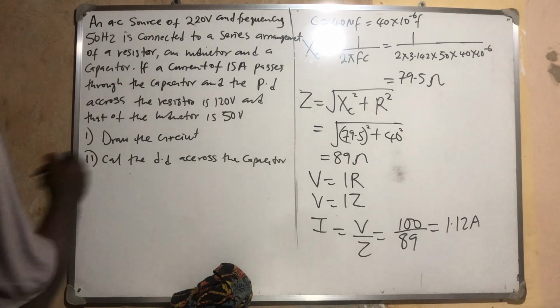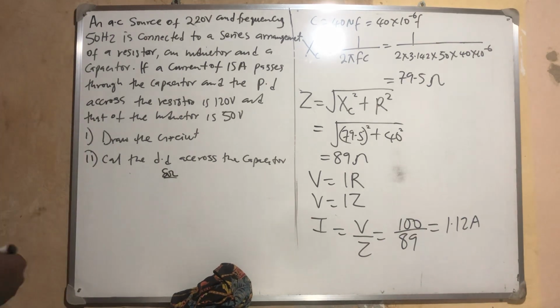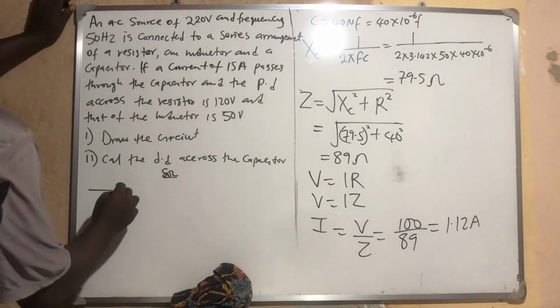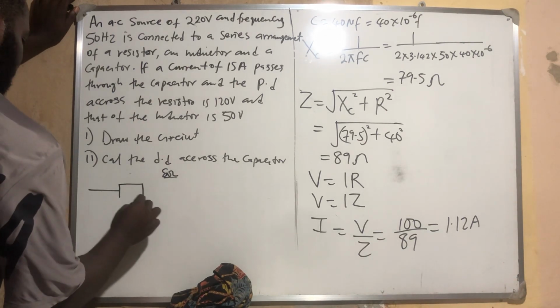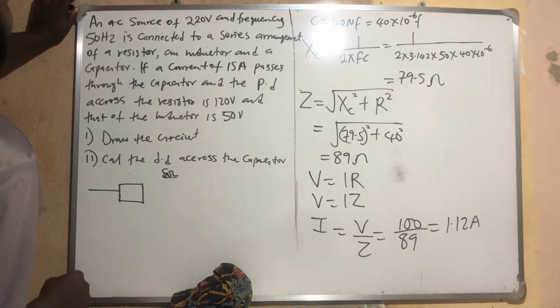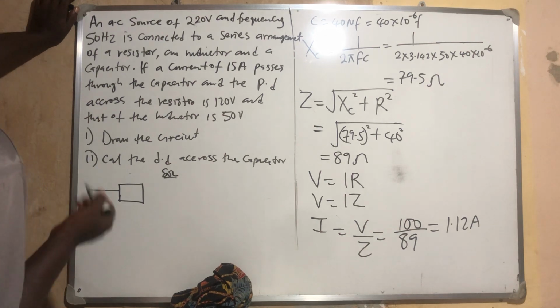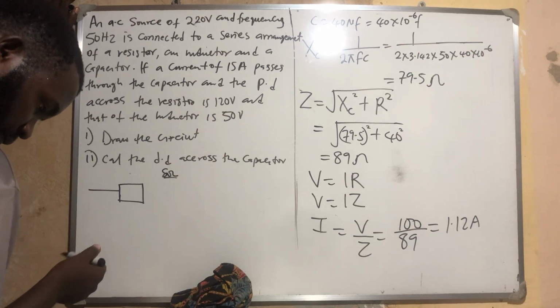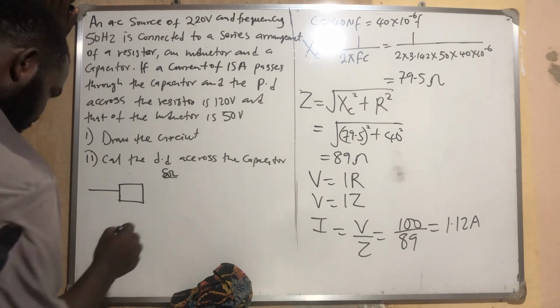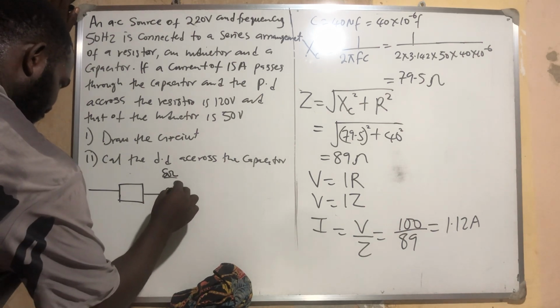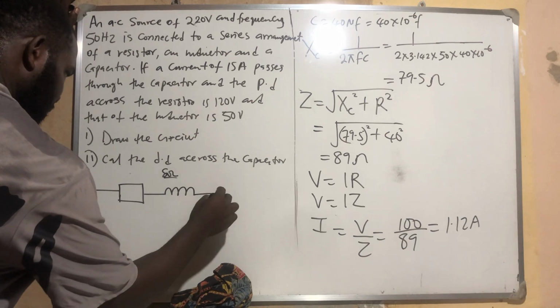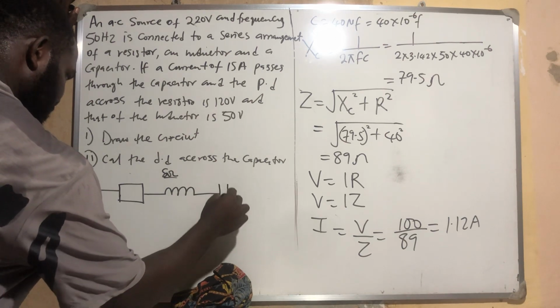Solution. Now, to draw the circuit, let me draw it. I have a resistor, but they did not give me the resistor value. The next thing I have is my inductor, and the next is my capacitor.